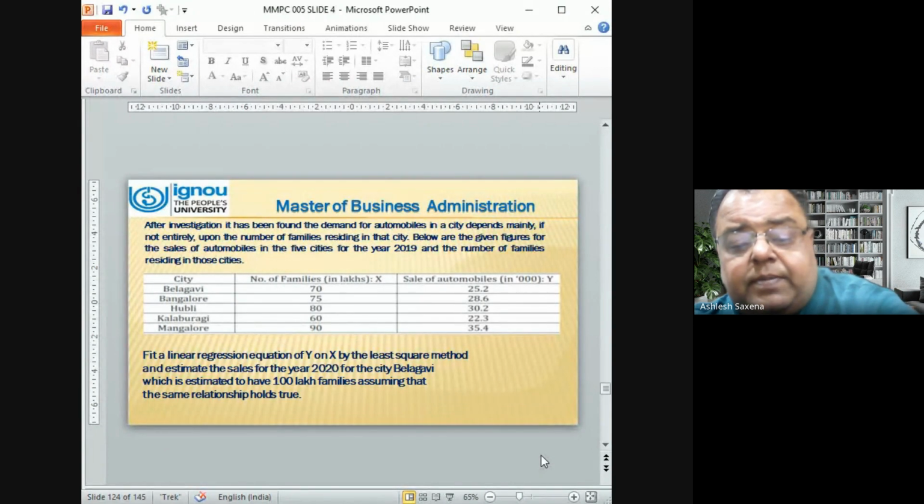Below are the given figures for the sales of automobiles in five cities for the year 2019 and the number of families residing in these cities.